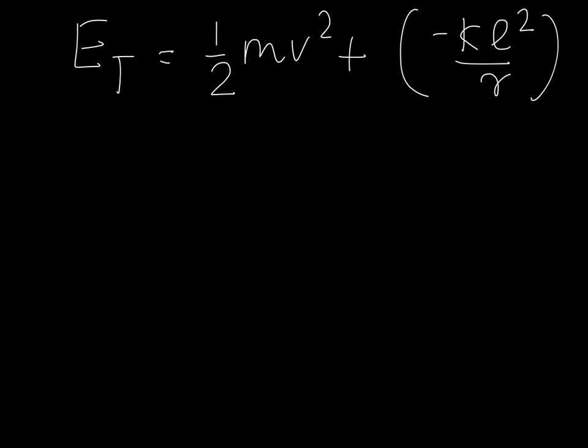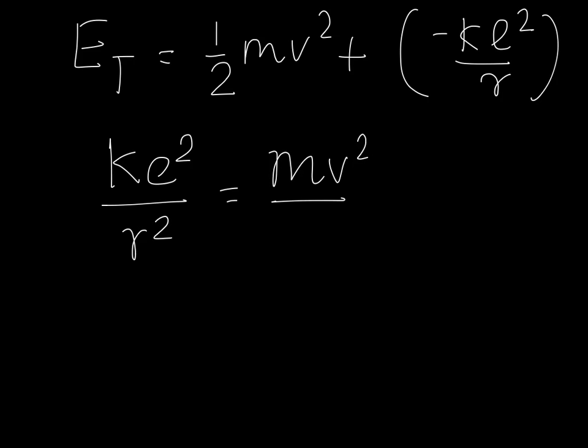Now this electron is acted upon by an electrical force, so we'll try to equate that. So we will have ke squared over r squared is technically equal to mv squared over r.